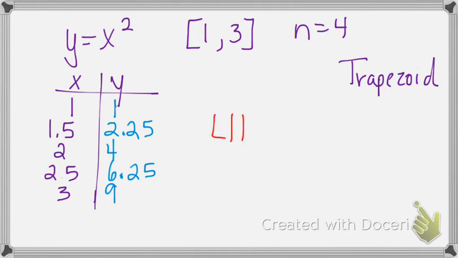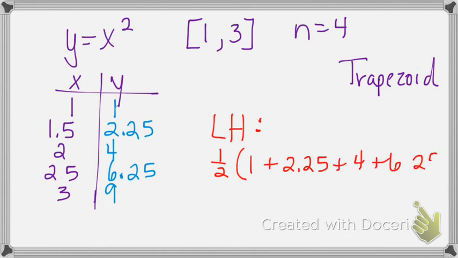So if I'm looking at a table, if I want to do the left, I'm going to multiply by the width. The width is a half. And I'm just going to put all the things I'm going to add and then multiply by the half outside of it. So I'm going to have 1 plus 2.25 plus 4 plus 6.25. Does that make sense?